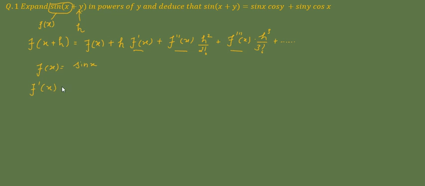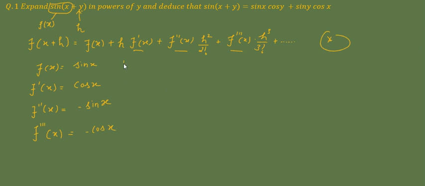So first derivative f'(x) is equal to cos x, and the second derivative is again minus sin of x. Calculate the third derivative as well, that is minus cos of x. Now you are in position to put all these derivatives in this expansion star.